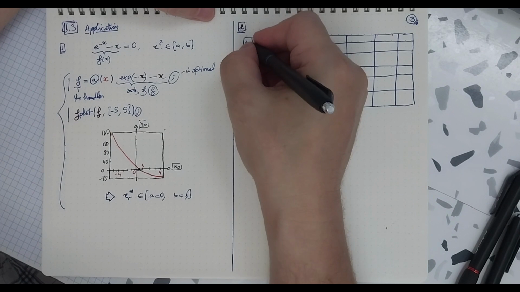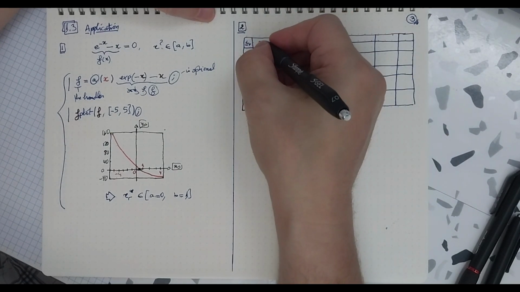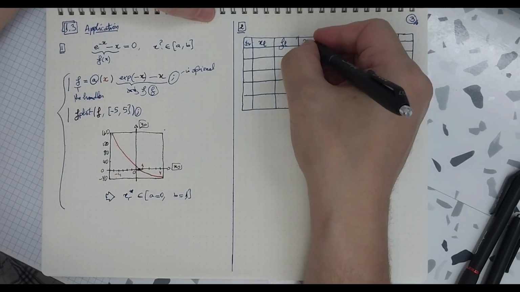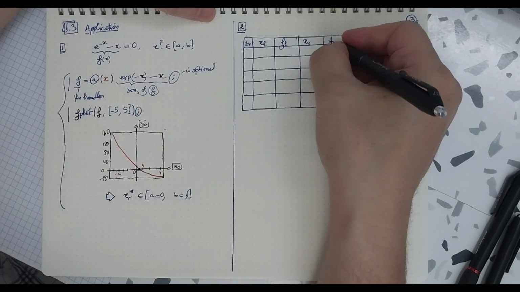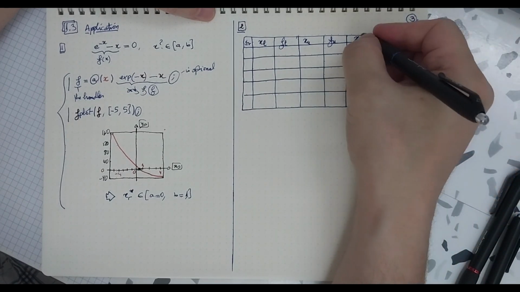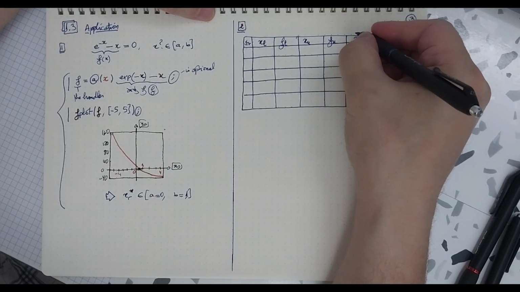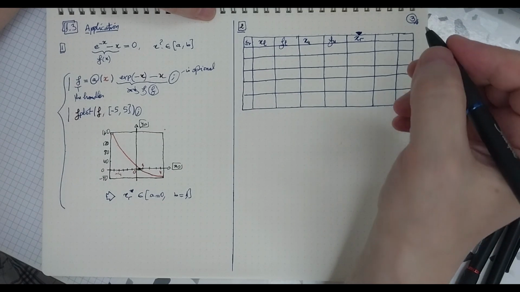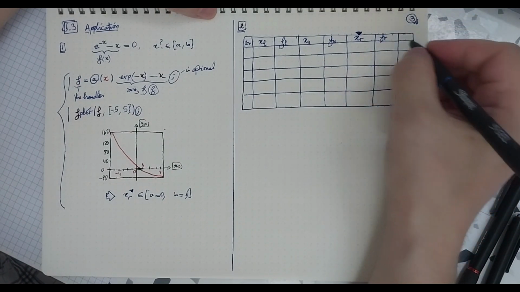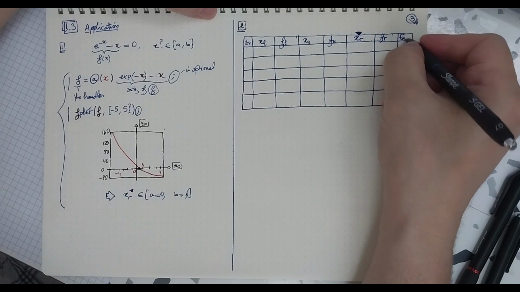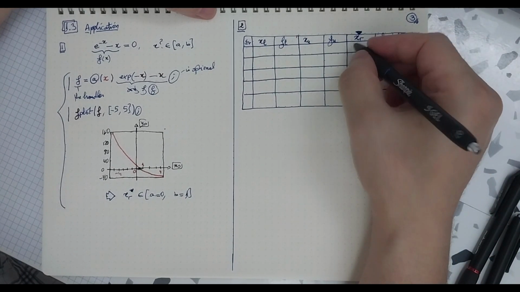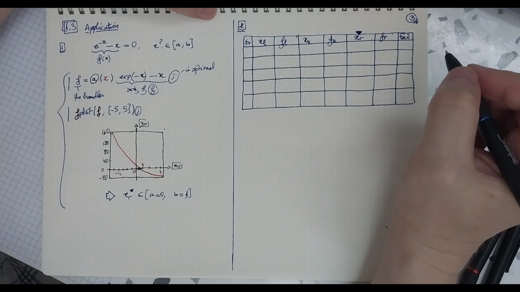So here the iteration, here is XL, the lower bound, and its image, the upper bound, and its image, and XR, the false position method. Here we apply the equation of the false position method, and its image, and the error, approximate error, that measures the progress of XR along the x-axis.